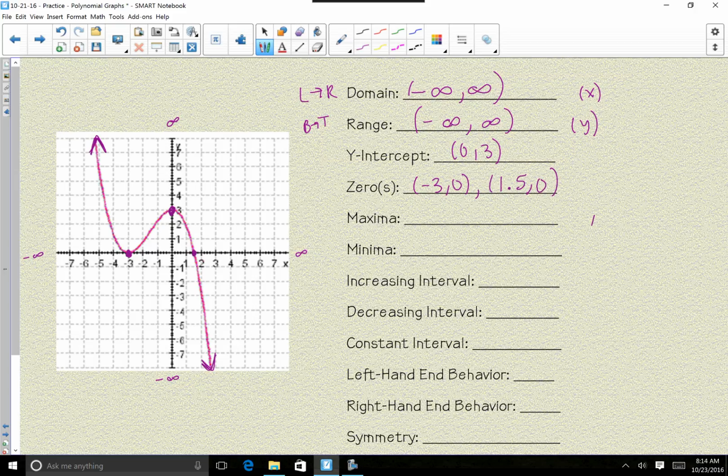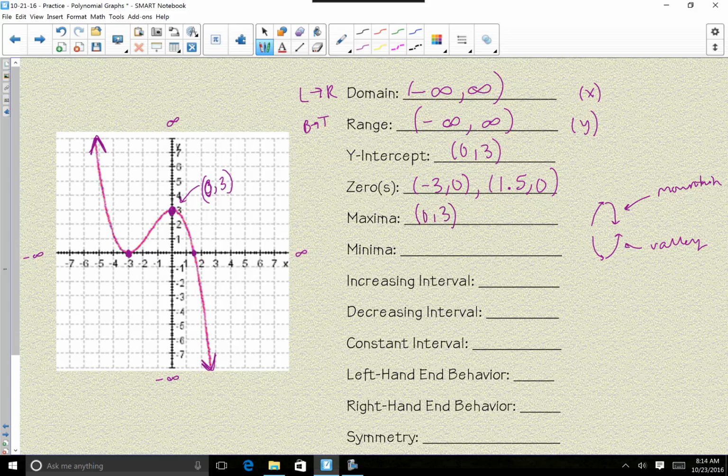All right, maximums and minimums. Maximums are where you go from increasing and you turn and you decrease. Minimums are where you go from decreasing and you turn and you increase. So remember we said maximums are kind of like a mountaintop and minimums are kind of like a valley. All right, so I see a maximum right here, (0, 3), right?